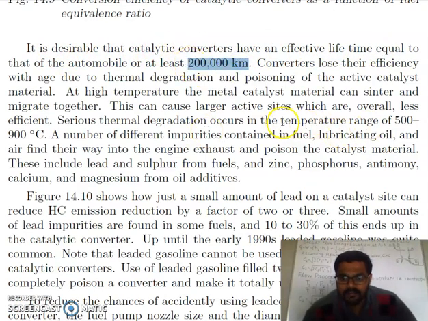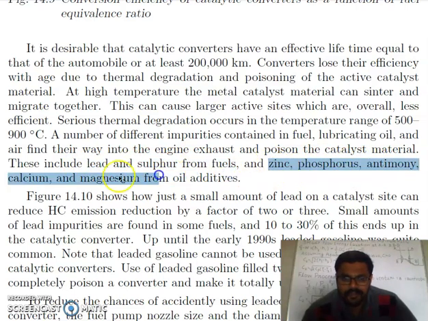But due to the high temperature range between 500 and 900 degrees Celsius, what will happen? The catalyst will degrade, and also the engine exhaust contains poisons for the catalyst material, including lead and sulfur from fuels, and zinc, phosphorus, antimony, calcium and magnesium from oil additives.